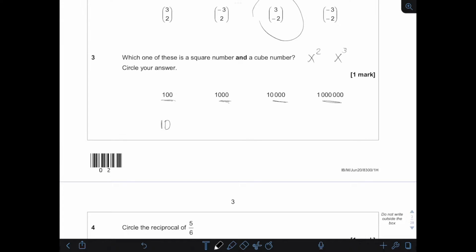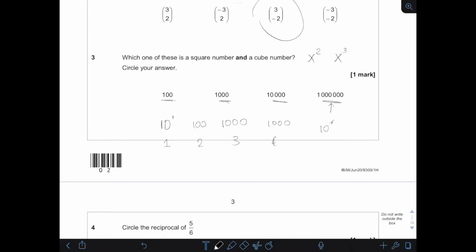So 10 to the power 1 is 10, 10 to the power 2 is 100, 10 to the power 3 is 1000. So that's index of 1, index of 2, index of 3. If we were to keep going, we can have more options, and actually this value over here is 10 to the power 6.